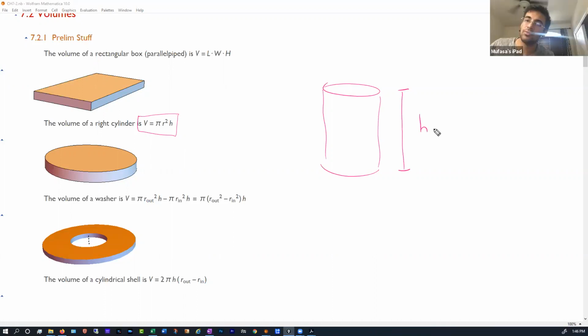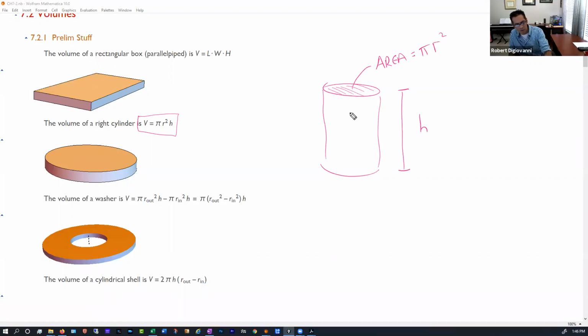The radius from a circle. That's the area of that, isn't it? The area of that is pi r squared. If you know that the radius of the can is r, then all you're doing to find the volume is finding the area of the top and then multiplying by how deep it is. Okay, that's how you find the volume of a right cylinder.